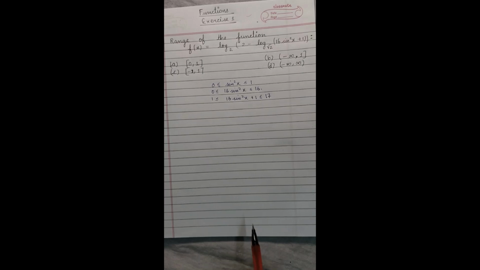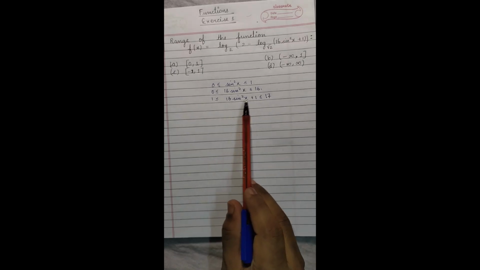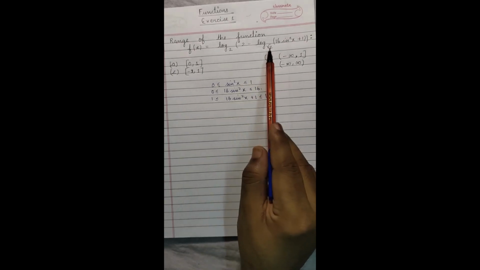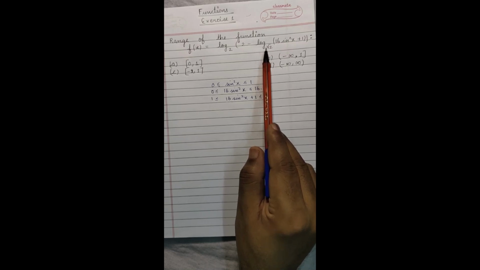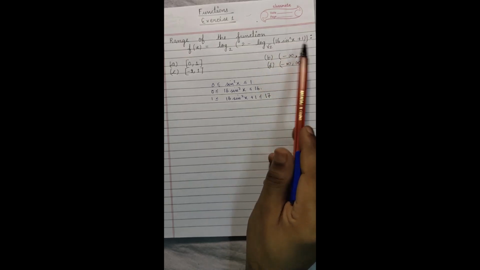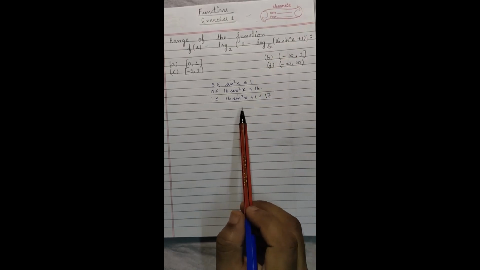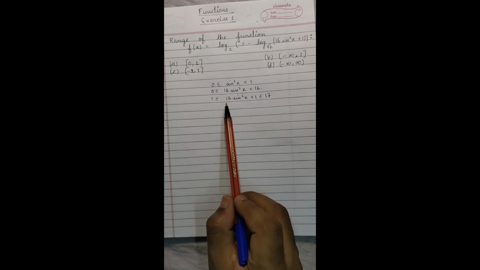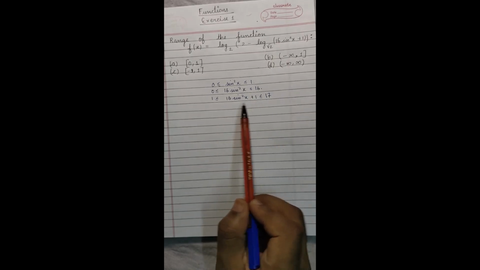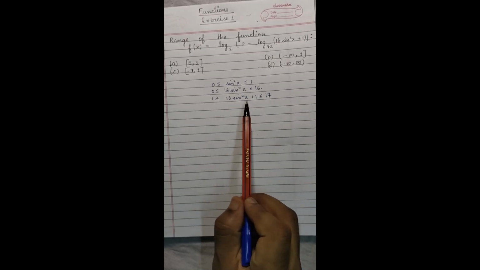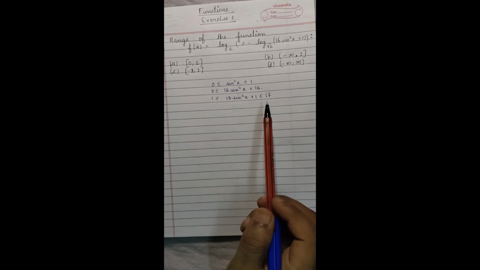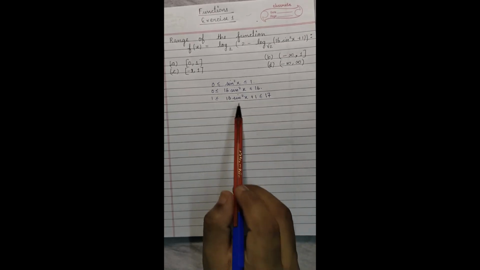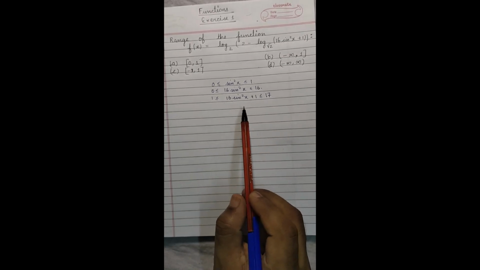Now I have to take log of this term 16 sin square x plus 1. As I can see in the question, it is written here log base root 2 16 sin square x plus 1. So before taking log, you need to assure that the term for which I have to take log should be positive, and I can see 16 sin square x plus 1 lies between 1 to 17, so it is positive, hence I can take log of this particular term 16 sin square x plus 1.